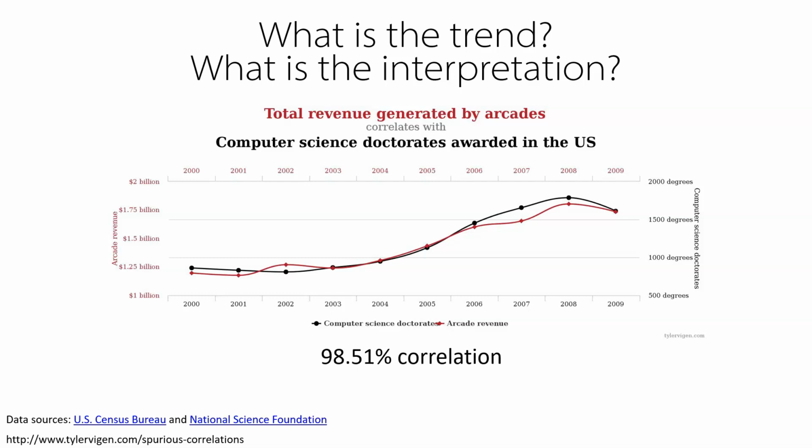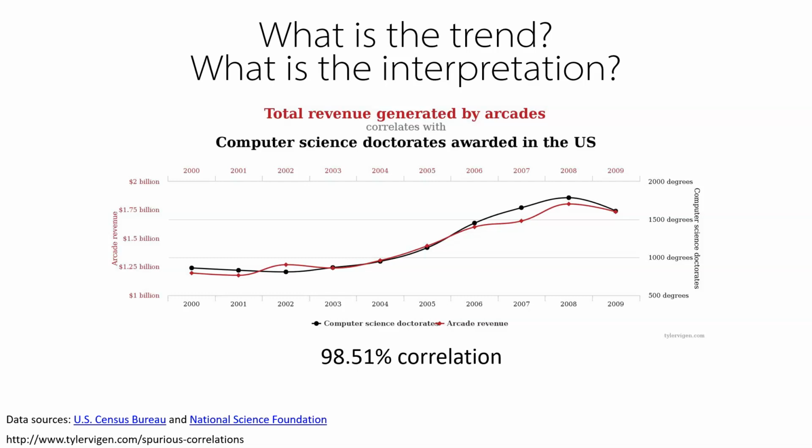But those are just guesses. This data doesn't prove for certain that more computer science doctorates causes there to be more money generated from arcades. This data doesn't show that arcades cause more people to pursue computer science doctorates. So your interpretation or your discussion, your conclusion, can't be, this data definitively shows that one thing causes the other, because this data doesn't definitively prove anything.